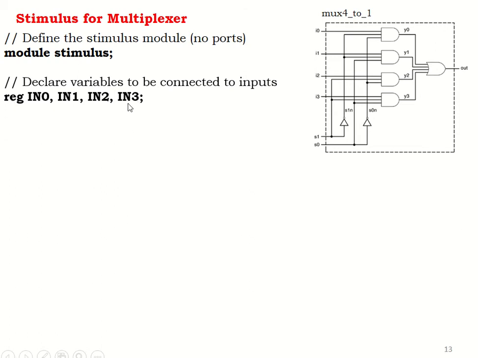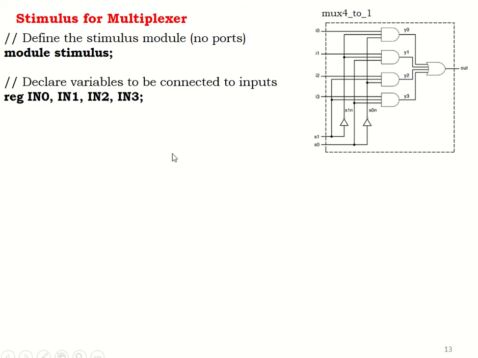I am taking 4 registers for these 4 inputs in our design. Inputs in the design can be represented as registers with the same name. Otherwise, we can take 4 other registers and connect these 4 inputs. Let me tell you how that works in the next steps.